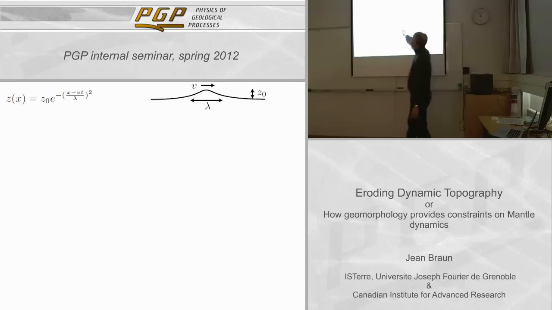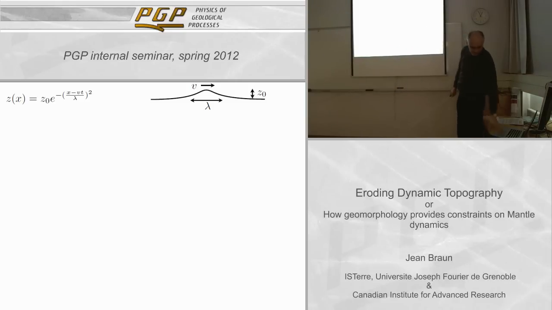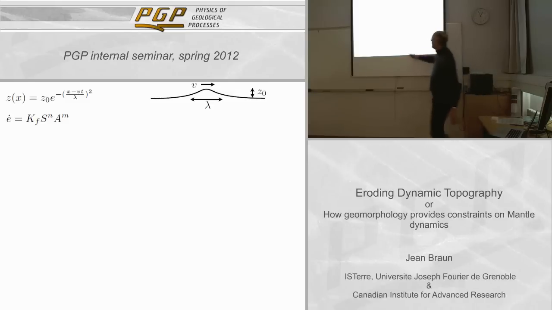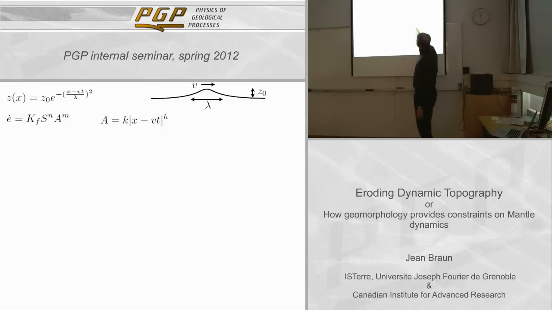If you assume that the topography doesn't really change, the dynamic topography is always recreated by the stress in the mantle. If you assume that the erosion rate is K, slope to some power, drainage area to another power. If you assume what we call Hack's law, it says that the drainage area is a nonlinear function, but a function of, at the point here, how much you drain is simply a function of the distance to the divide.